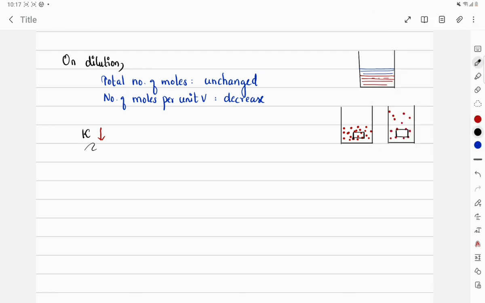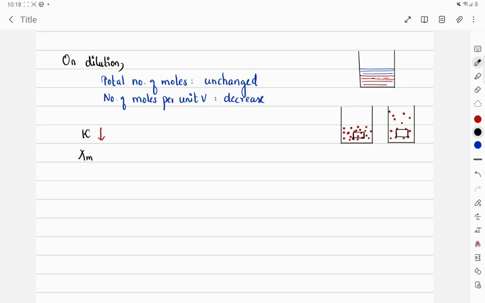But what about molar conductivity? We might think that since the number of ions per volume has decreased, this should also decrease. But if you just think about it, molar conductivity means it's the conductivity of 1 mole of ions, right?